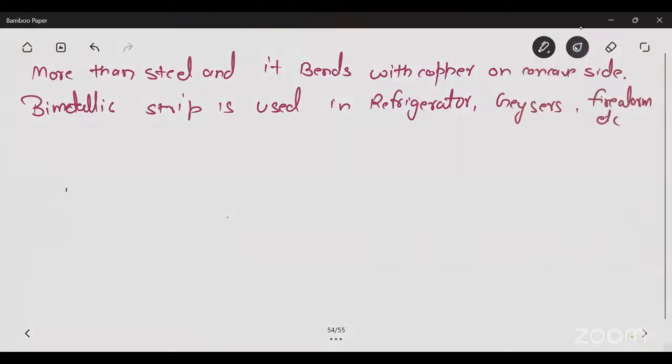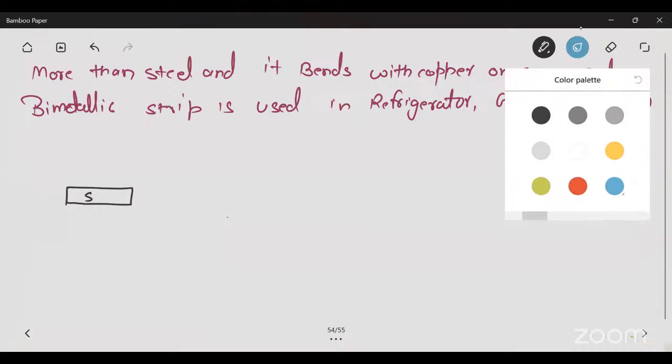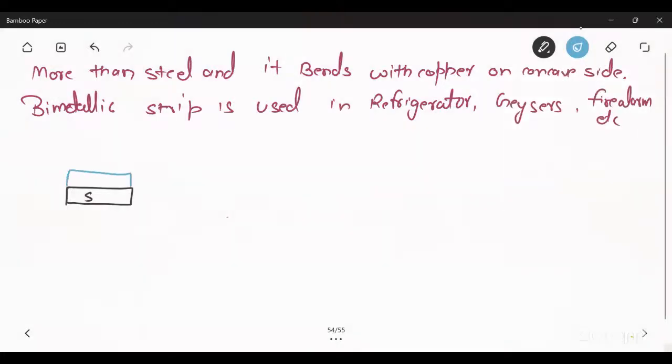So what will happen in a bimetallic strip? Suppose this is the strip of steel and this is the strip of copper. When we heat it, the alpha of copper is greater than the alpha of steel, so it bends in the convex form.